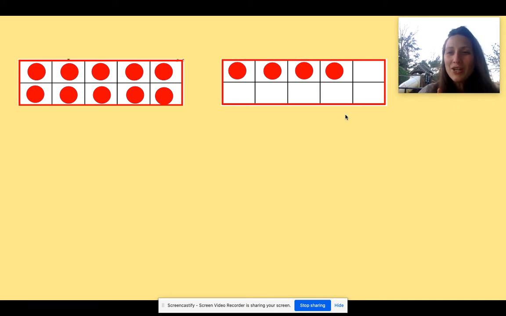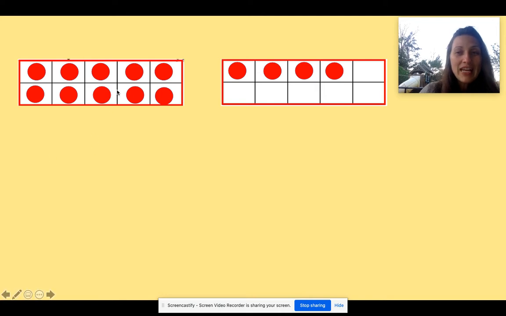Before I show you the number sentence, I want you to take a guess. What do you think my number sentence will say? What will be the parts of my number sentence? Well, here's my first tens frame. How many counters are in this tens frame? If it's full, it's always going to be 10.